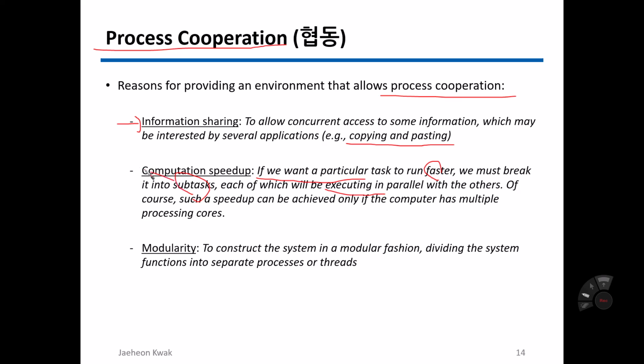So for the computation speedup, we have to support IPC. And also for modularity, we have to support IPC. Modularity means that we can split some functions and attach and break them separately.